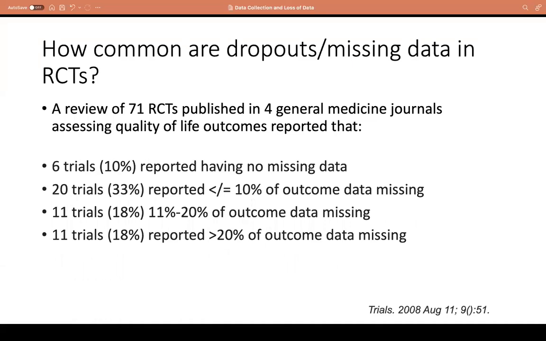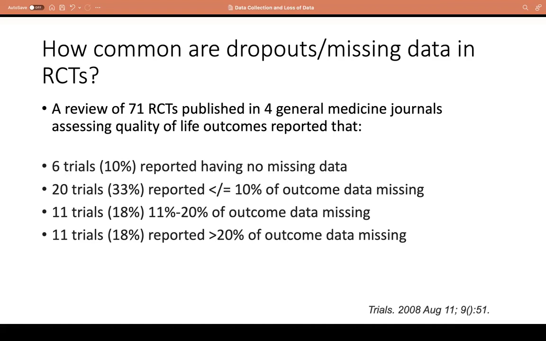How common are dropouts and missing data in RCTs? So, a similar review to what was described for detection bias. They looked at 71 RCTs published in, I believe, the same journals. Six trials, or 10% of these studies, reported having no missing data. This was looking at quality of life outcomes.